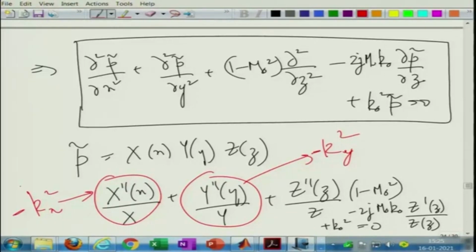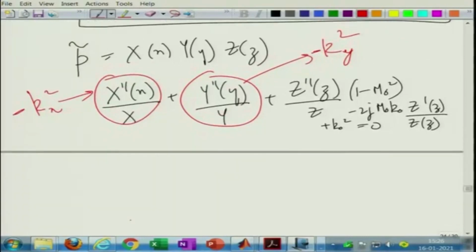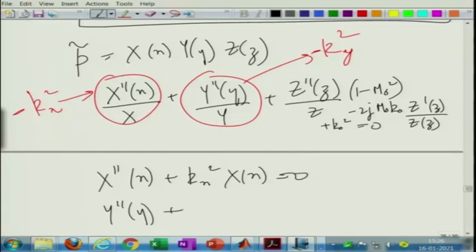Once we insist on such a variation for the x and y directions, what we will get is X dash dash plus kx square X is 0, and the same thing for Y. We get these two equations.